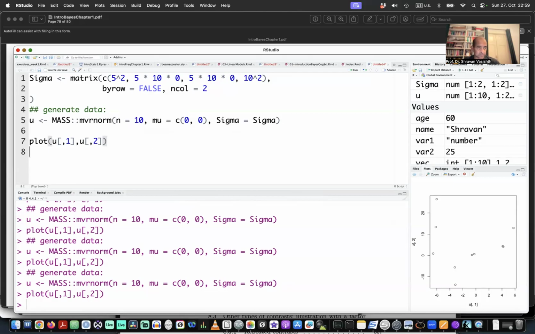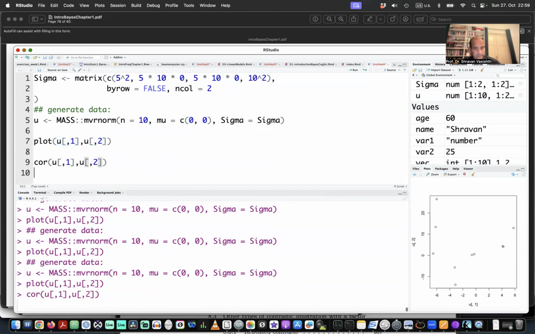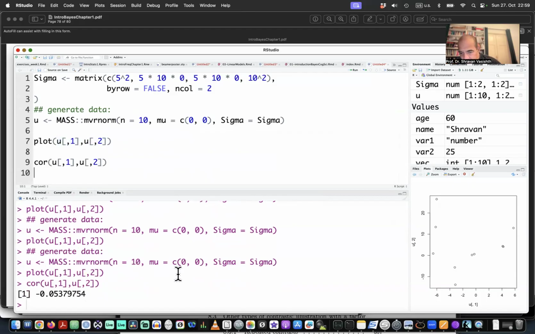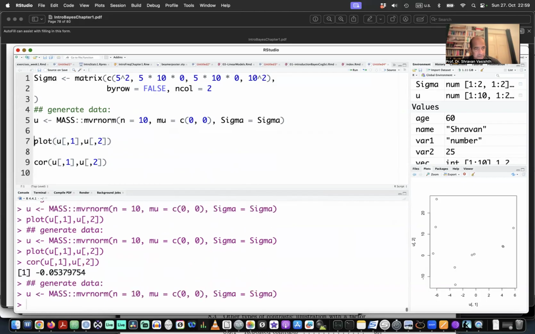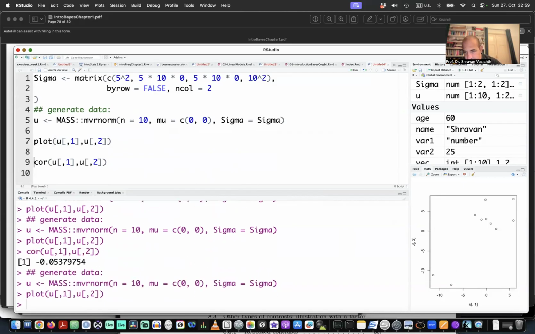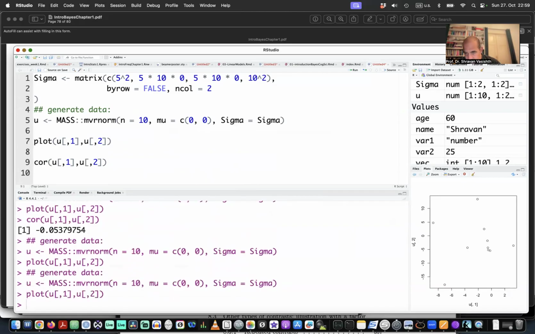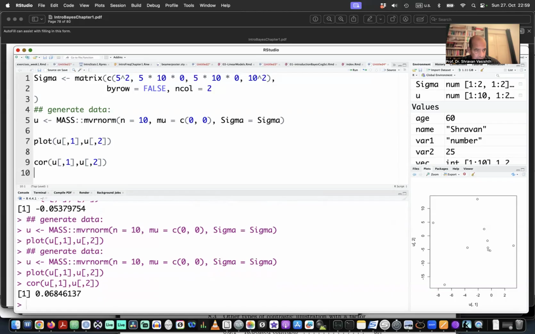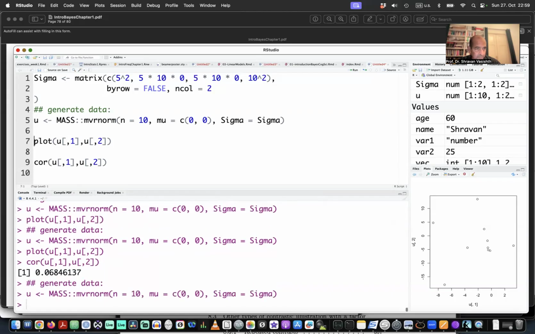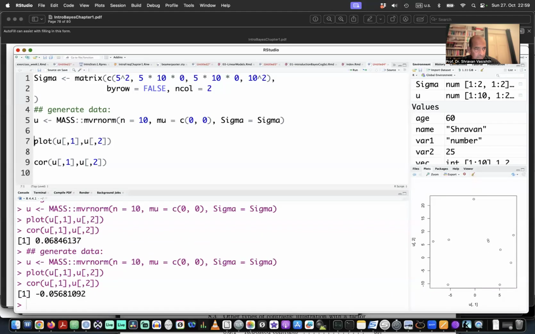Okay, so let me just show you. Let me first compute the correlation between these two. Let's see what it looks like. Okay, these values have pushed it down. So let me see if I can create some really nice fake data that actually looks correlated. Nice.